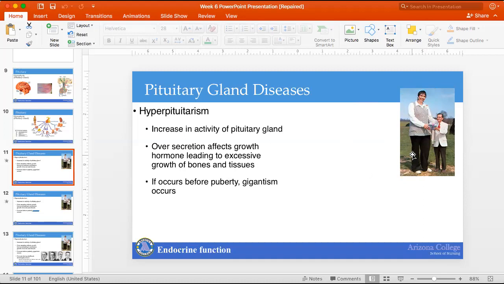The reason is that when we're growing during puberty and we're a child, the growth plates in our femur and in all of our long bones are not set. They're constantly growing in length. They're not calcified, so you can just keep growing if the body keeps receiving feedback that there's more and more growth hormone, so let's just keep growing.